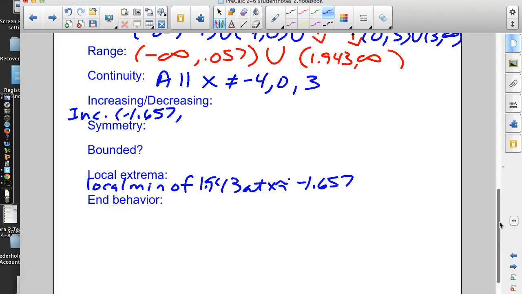So let's see, we're increasing from there to our 0. Other increasing spot. Where's it start? 0, and it goes to 9.657, 0.